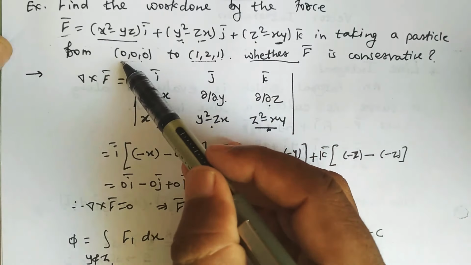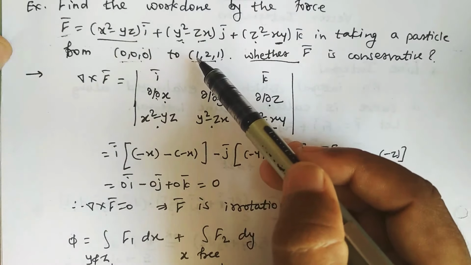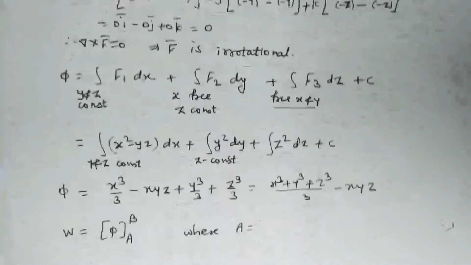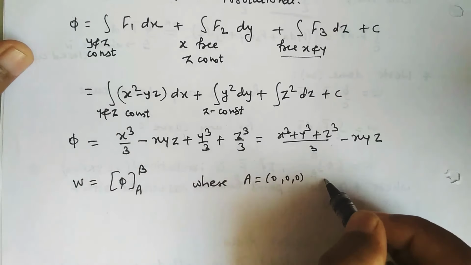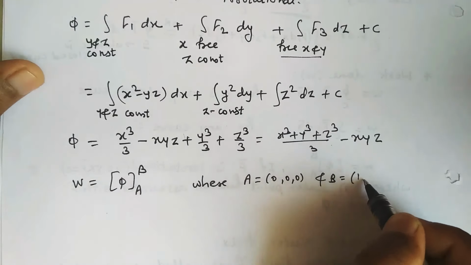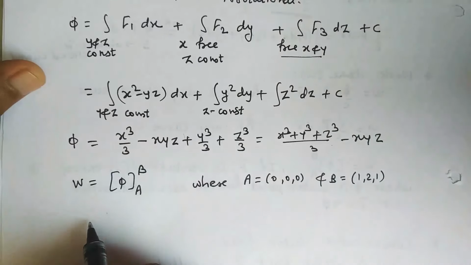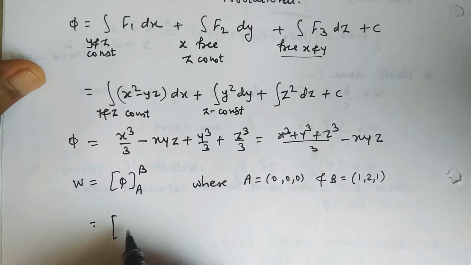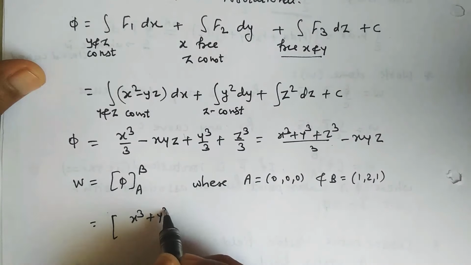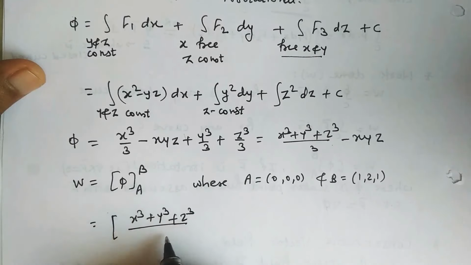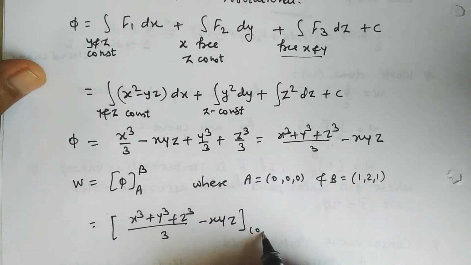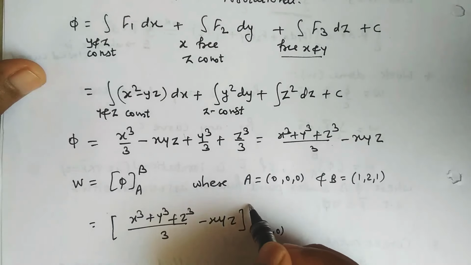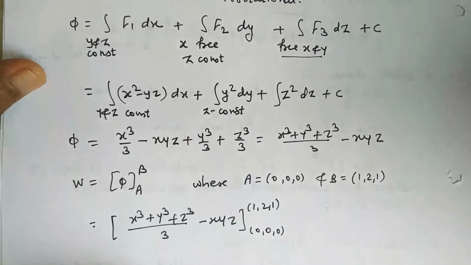That means a point is 0 0 0 and b point is 1 2 1. So this is equal to phi, x cube plus y cube plus z cube upon 3 minus xyz, having a point 0 0 0 and b point 1 2 1.